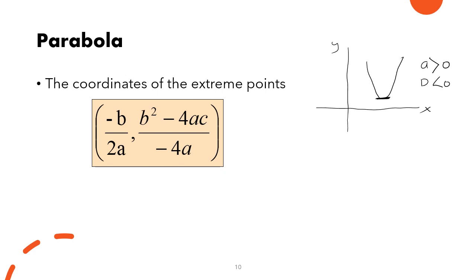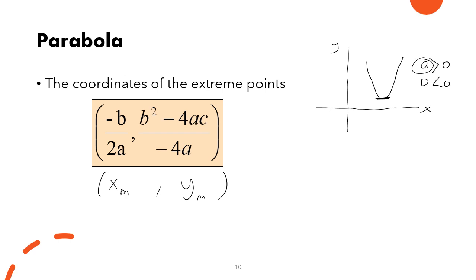This is important to the application that we are going to do later on. Now, to define the coordinates of the extreme point: this is basically x, y, and I'll name it xm. It can be maximum or minimum, depending on the value of a, and it always has an extreme point.